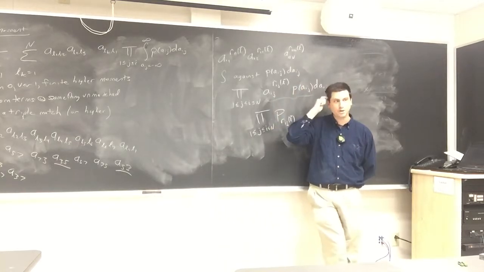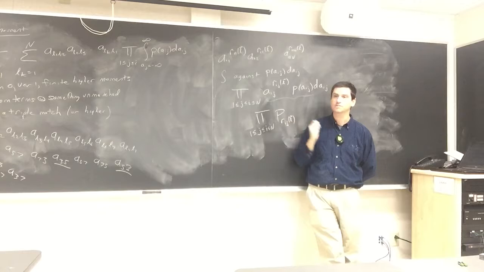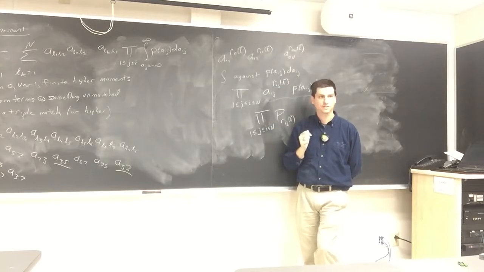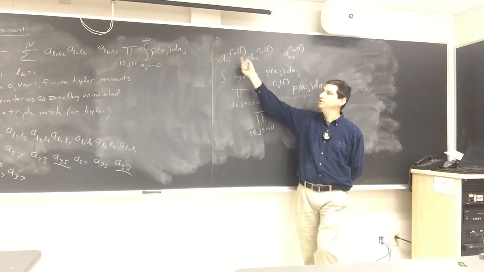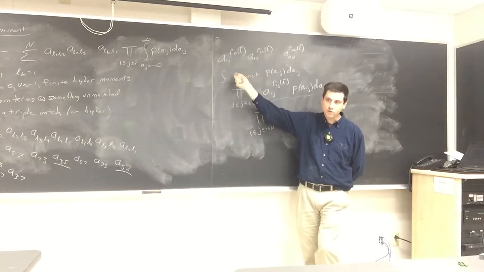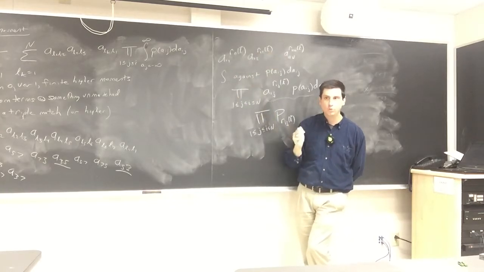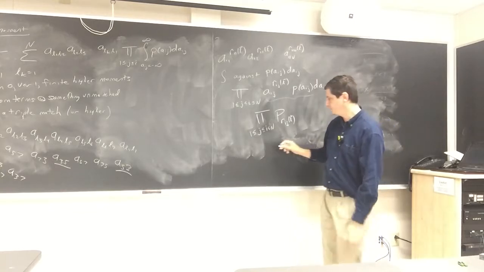So we can actually evaluate all these integrals. These integrals are just going to be products of moments. Then the question becomes, how many times do we have a configuration like this? So we have n choices for L1, n choices for L2, n choices for L3, all the way up to n choices for Lk. We have n to the k tuples.